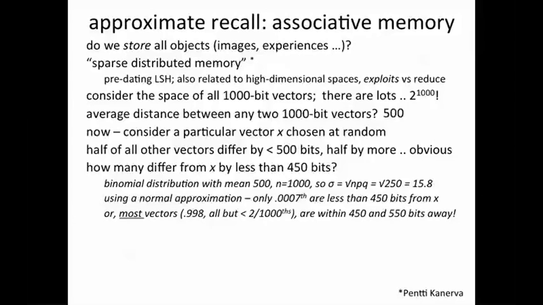Remember, the normal distribution is symmetric, so what we did for how many other vectors differ from x by less than 450 can be repeated symmetrically for asking the question, how many will differ from x by more than 550? So we have this very interesting situation that almost all vectors in this huge space are far away from x, somewhere around 500 bits away.